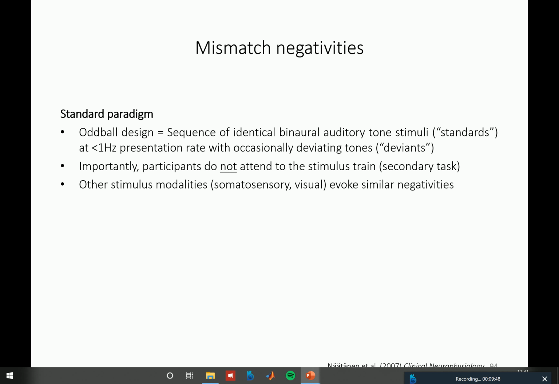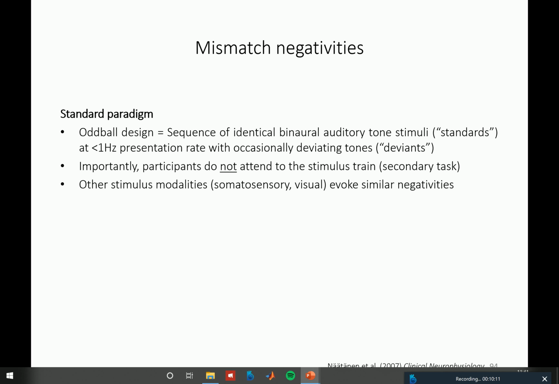And the typical oddball design that was originally used for mismatch negativity is an auditory oddball design. So in this case, tones, pure sine tones usually, are presented to the ears, so just beeps essentially.